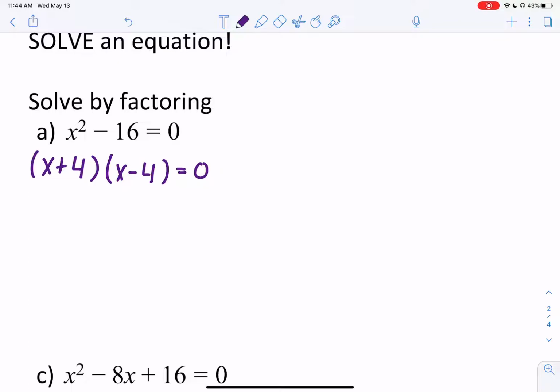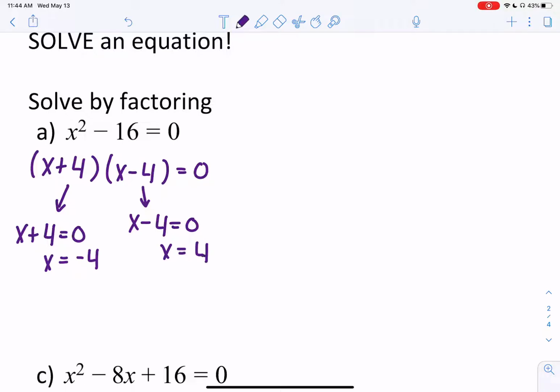And now, just like before, I'm just going to set both those brackets equal to 0 and solve for our x. So we have x equals negative 4 and x equals 4. So exactly the same steps as we were using when we were finding the zeros, but this is just our value for x. So it's not necessarily the zeros. In this case it is, but you'll see some where it's not.